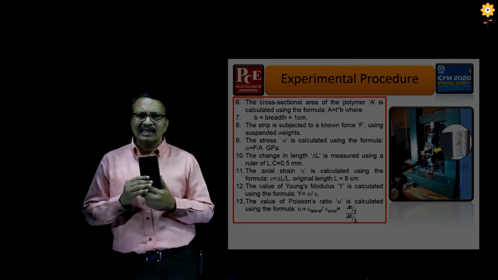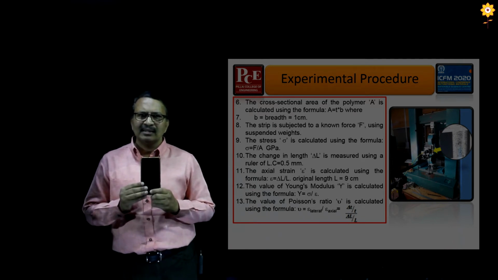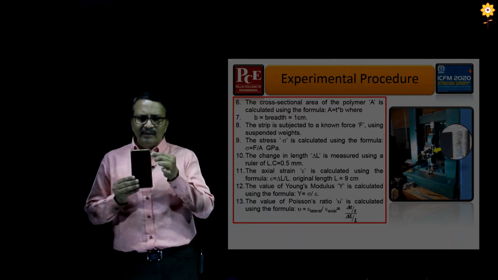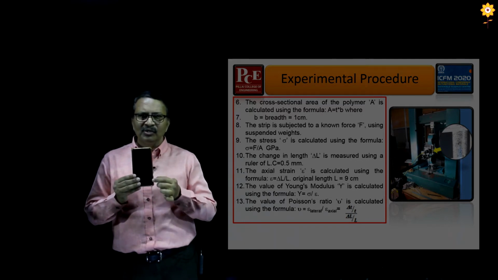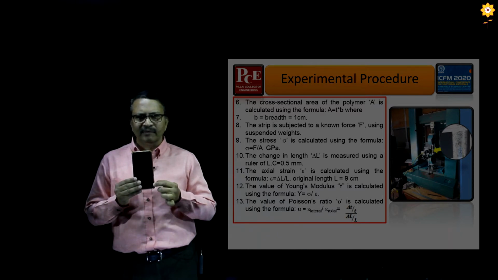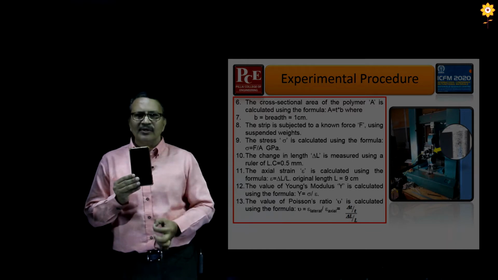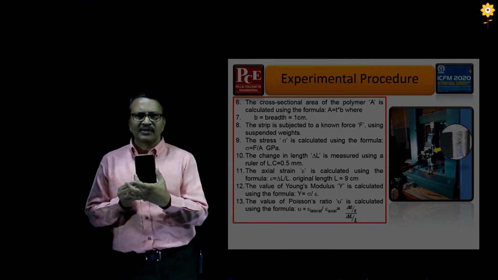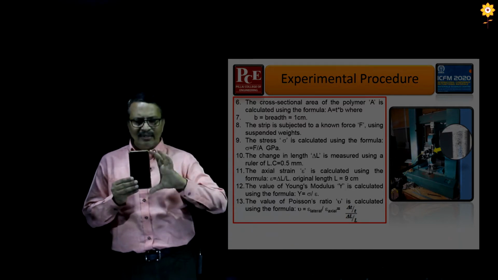For example, let us assume that this is our sample over here. In one method, we are measuring the change in this particular thickness by the optical interferometer method, and of course the elongation. In the second case, we are determining the change in this due to stretching and the change in this.